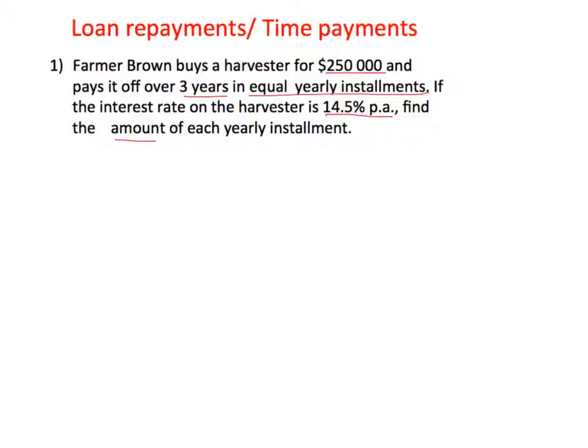After that, the balance owing should be zero, because he's paid off his $250,000 plus all of his interest over those 3 yearly instalments. So it's really important to understand what's happening in these questions. Let's have a look at the solution for this question.